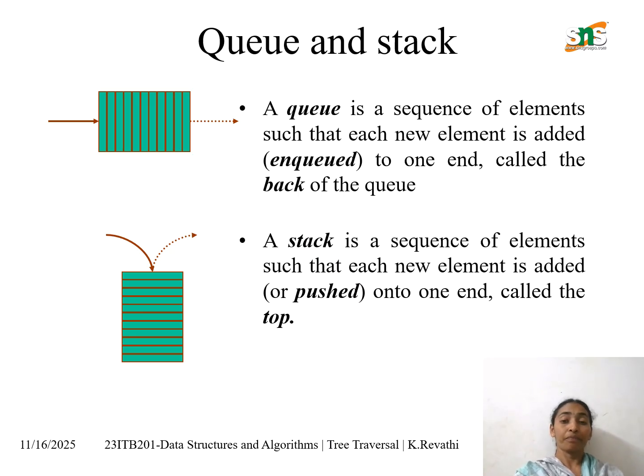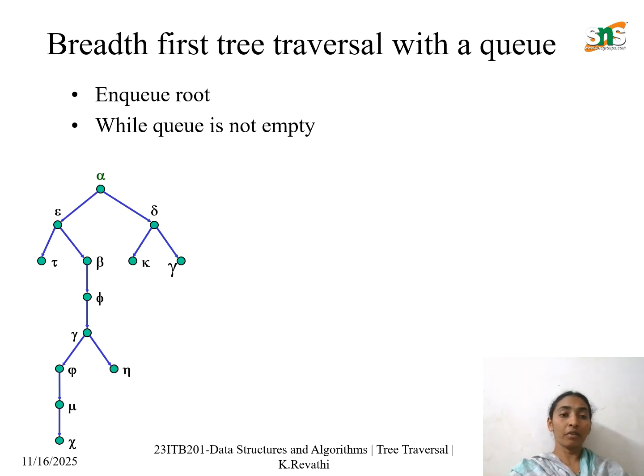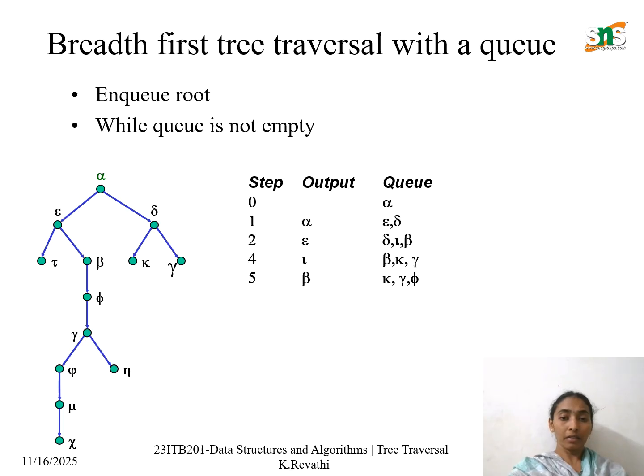This is an example of breadth first search using the concept of a queue. The enqueue is done on the root node, that means alpha. Next will be gamma and beta. Likewise, we have to visit up to the last leaf node. The steps are followed, up to 13 steps.